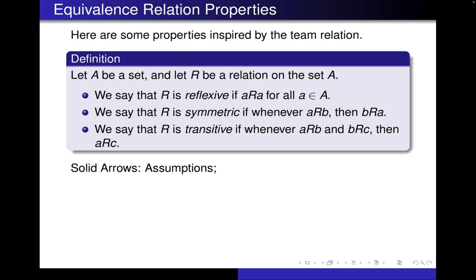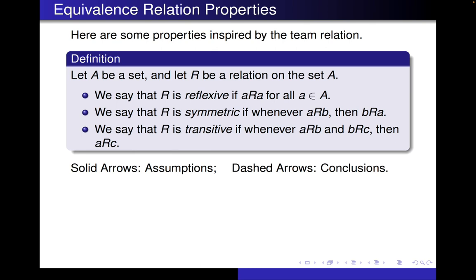And if we look back at that definition, in every one we have some things that we assume and some things that follow from that if we have that property. So the solid arrows are going to be the assumptions, and then I'm going to have some dashed arrows that are what our conclusions are. So the solid arrows are the arrows that we are assuming exist, and the dashed arrows are the arrows that exist because of those solid arrows that we're assuming.